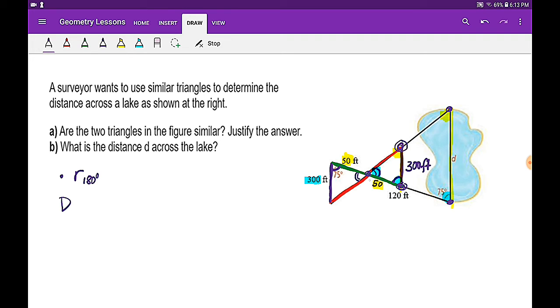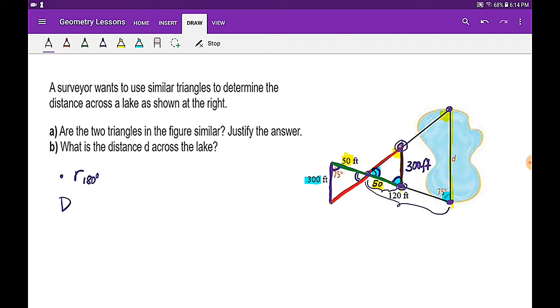This side right here is 50, which is our pre-image, and we want to dilate 300 feet to fit to D. So we are going from smaller to larger. So our image is going to be this, which is 120.